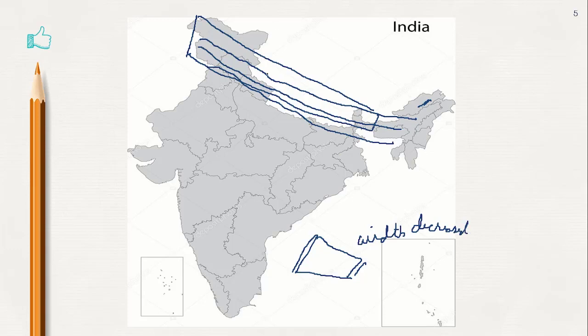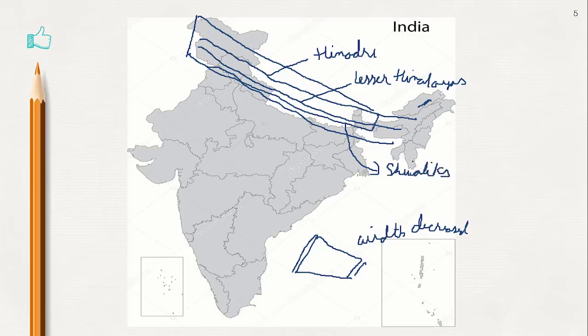The first layer is called Himadri, or Greater Himalayas, and the next one is called Lesser Himalayas. The last layer is called Shivaliks. These are called Shivaliks.